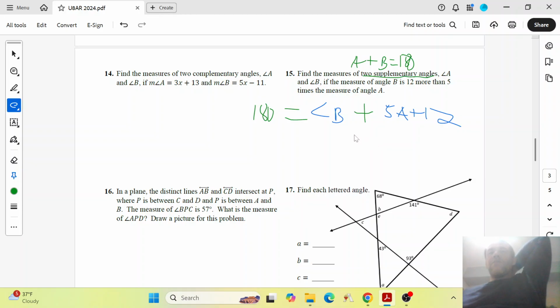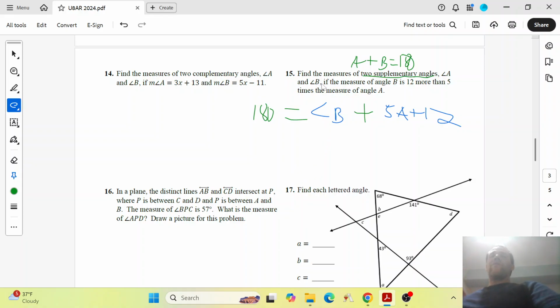Let's see, find two measures of the supplementary angles. So 5A plus 5B plus 12, 5 times more. I think I'm missing something here. Has to do with equaling 180.